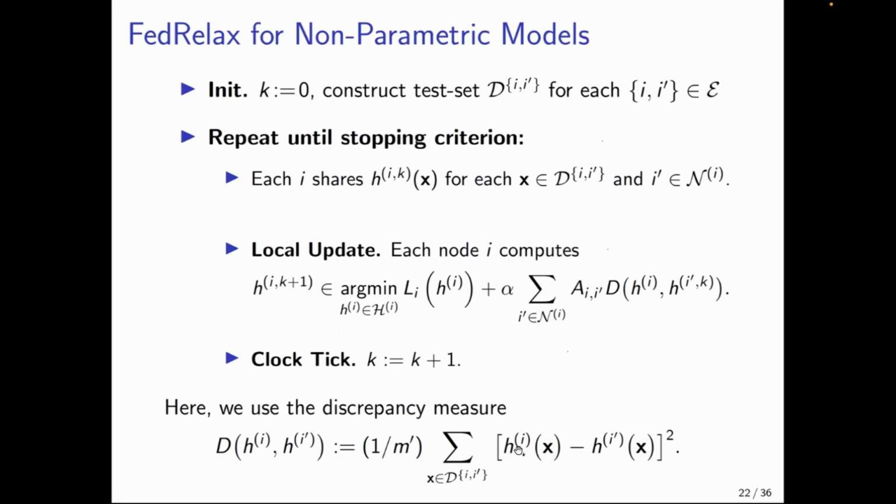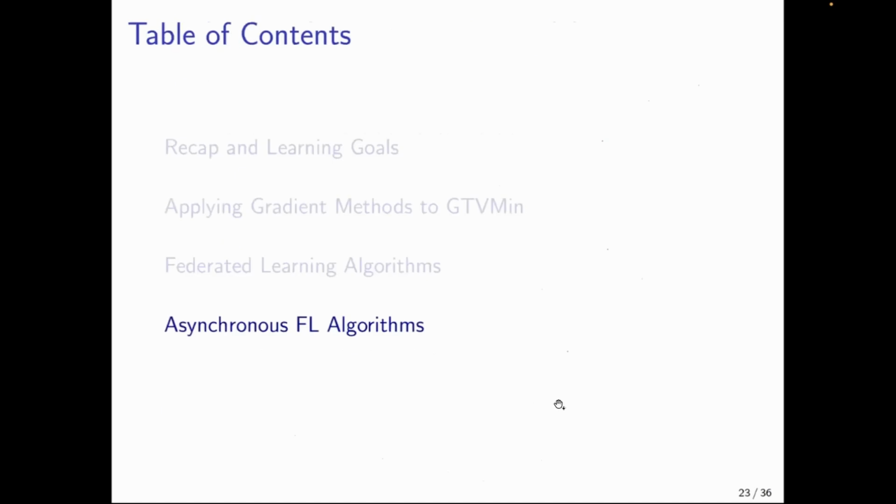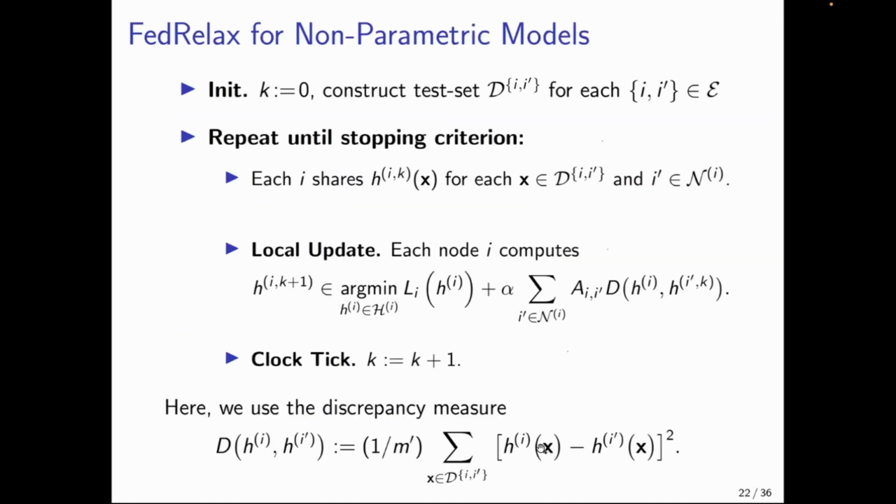By the way, this also means that the models at different nodes are not necessarily all decision trees. They only need to have the same value range in their predictions. We need to be able to compute this squared difference. But this hypothesis on node i could be, for example, a decision tree, while this hypothesis at node i prime could be a deep neural network, which also outputs a numeric quantity.